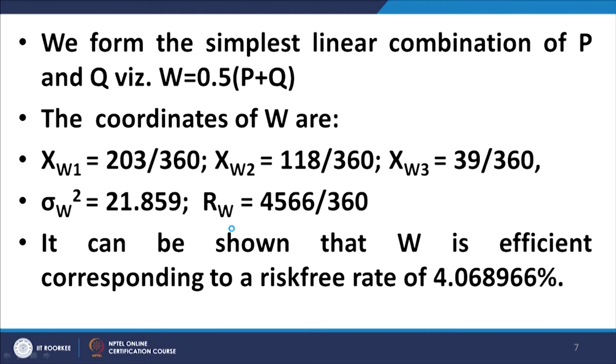Now, we form a linear combination of P and Q. As I discussed just now, for simplicity, for minimization of calculations, we form the simplest possible linear combination, that is half of P and half of Q. We mix half of P and half of Q in terms of the amounts, of course.